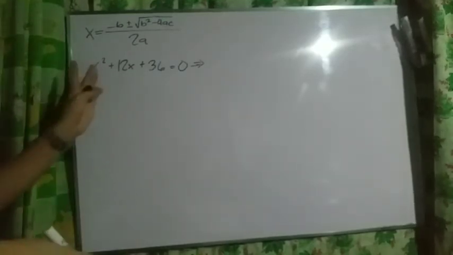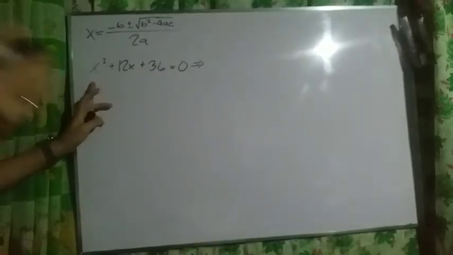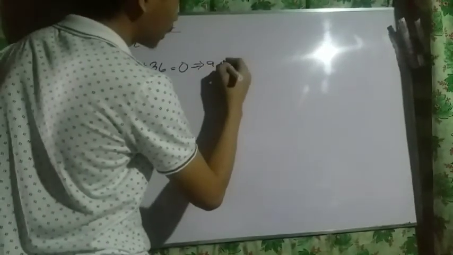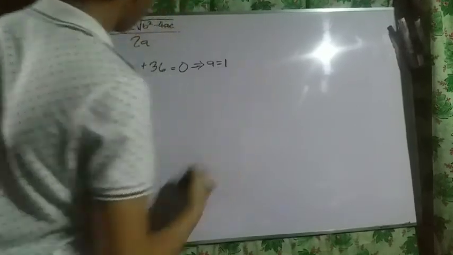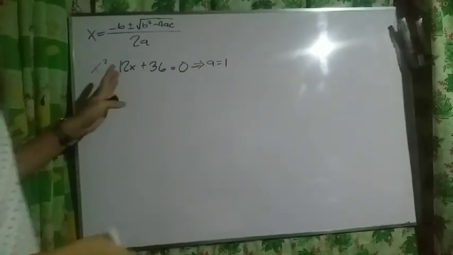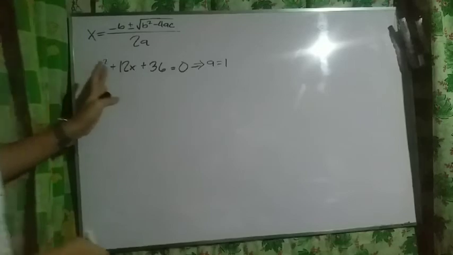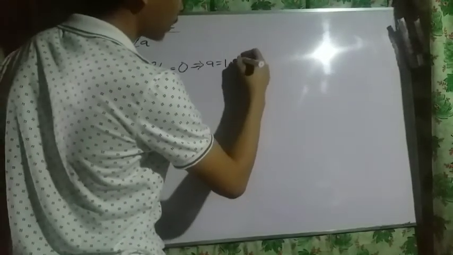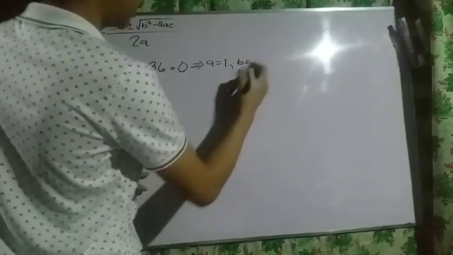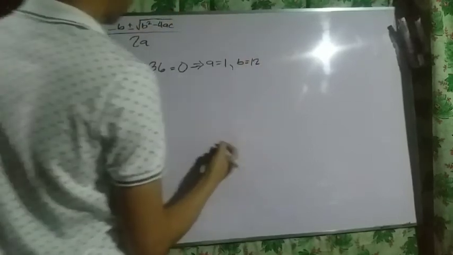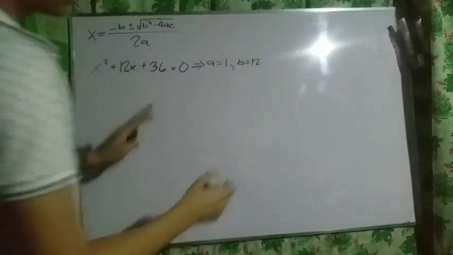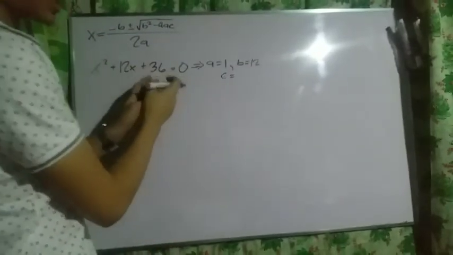Is it the first term, second term, or third term? If your answer is the first term and it is 1, you are correct. It is equal to 1. For the variable b, it is the second term, and it is equal to 12. And for the variable c, it is equal to 36, the constant term.